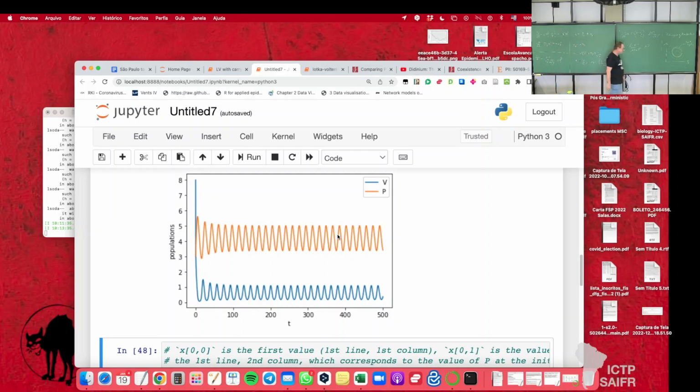So we could ask ourselves if this kind of situation can be reproduced in the laboratory with microorganisms. And guess what? The first person that tried something along this line, but obviously not looking for the Rosenzweig paradox, but looking for the Lotka-Volterra system, was Gause.